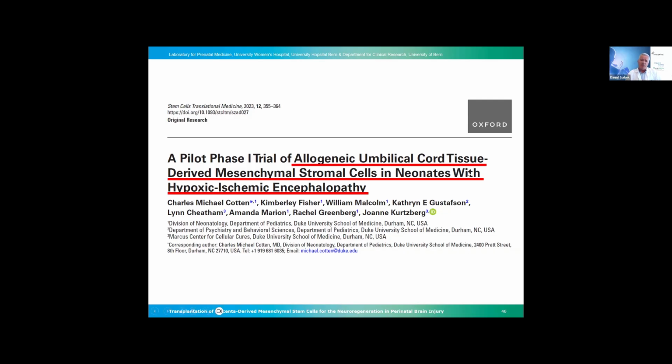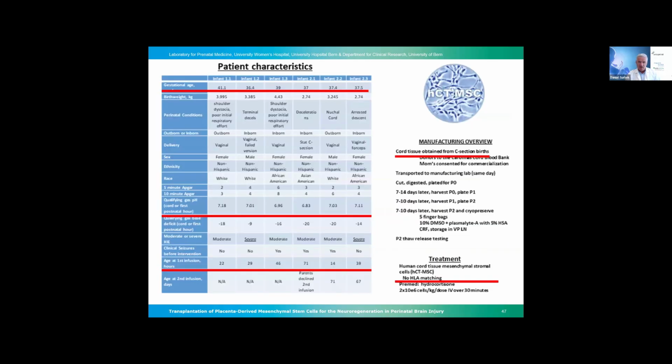So here is the first pilot phase 1 trial, again from the group of Joanne Kurtzberg, and they used umbilical cord tissue mesenchymal stem cells. So these are those cells we are also using in our trials so far. And the neonates were term-born neonates with hypoxic ischemic encephalopathy due to an insult during delivery.